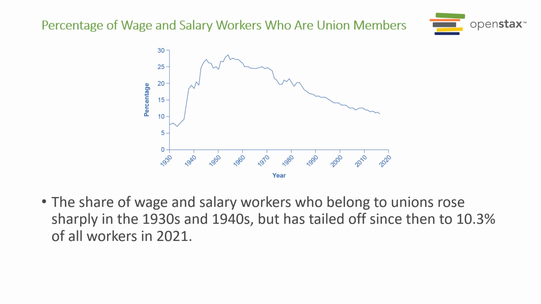All right, so if you look at the participation of unions in America, we saw an increase in union participation back in the early 1950s, but since the 1950s, union participation has been coming down very steadily. So today, unions only represent about 10% of all workers in America.